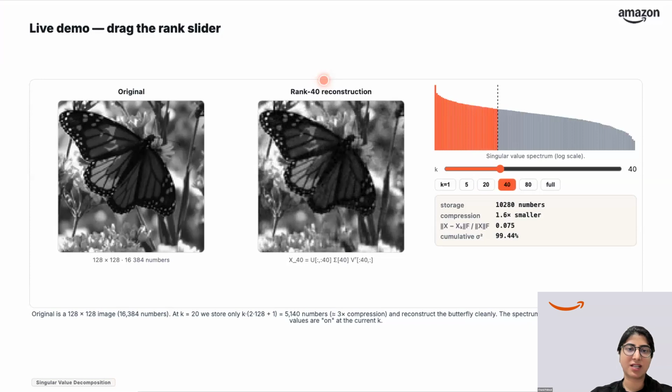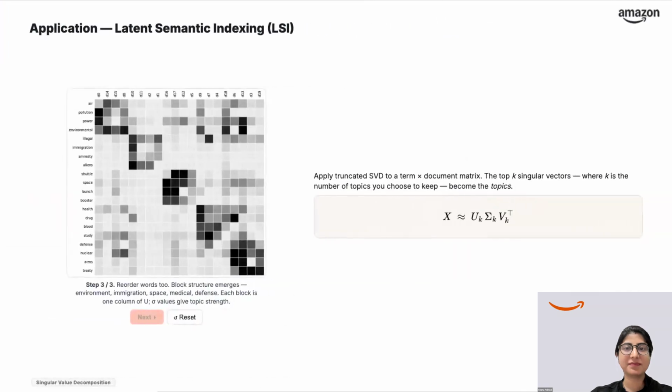And if we take it as 40, we have reduced this a lot. By the way, this is a log scale, so you can think of it as a steeper decay. So with K equal to 40 or 80, you are able to get this image back. So this is how you can think of truncated SVD.